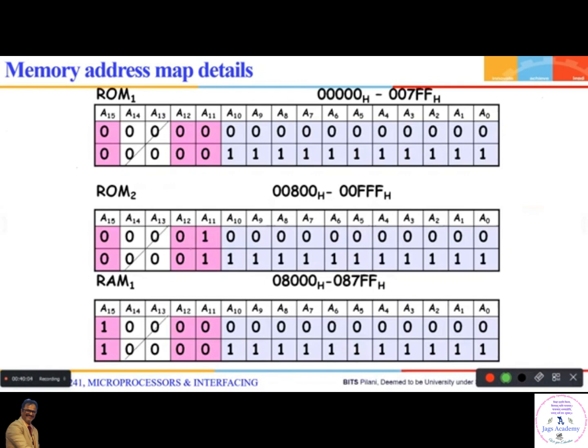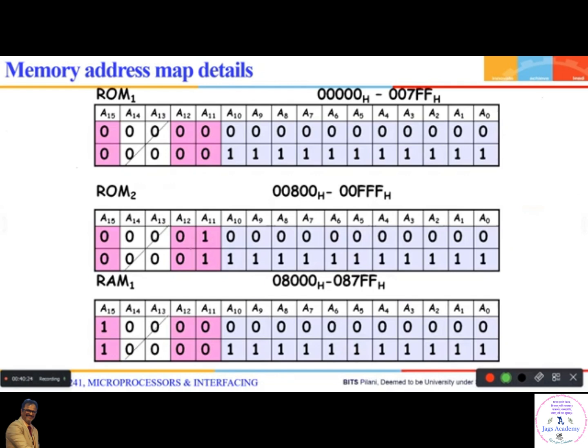Can you get 3 address lines which are unique to all of the 6 memory chips you have? Can you see this here? You can see A11, A12 and A15 are unique, right?